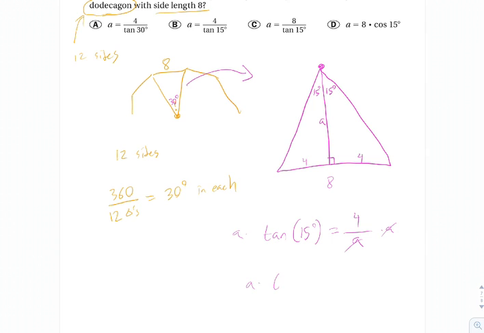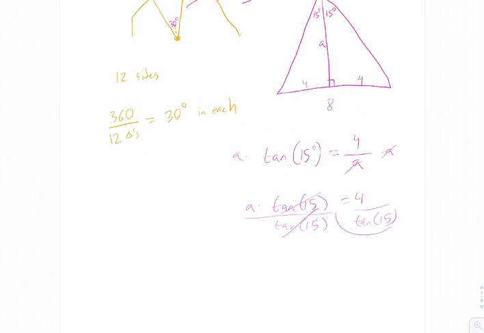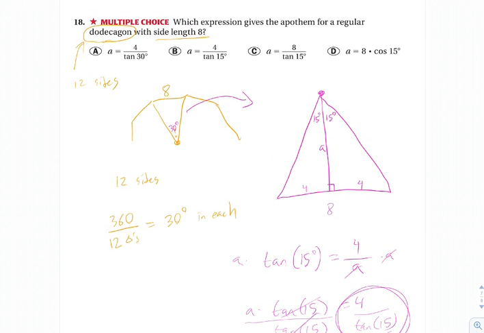We get A times the tangent of 15 equals 4. Then dividing by that tangent, we get that the apothem's length is 4 over the tangent of 15, or option B.